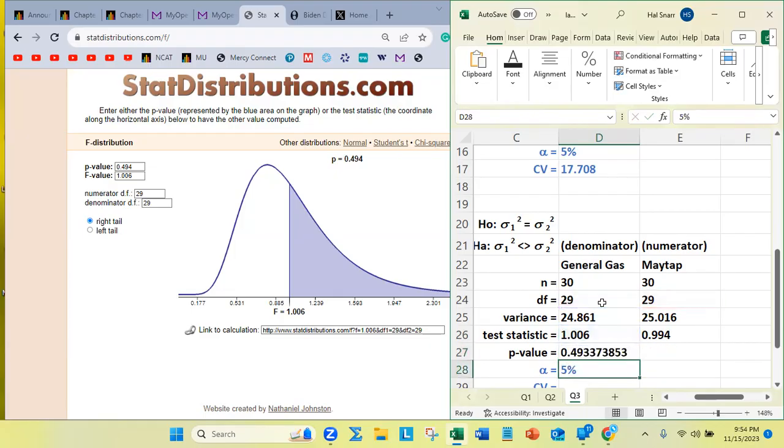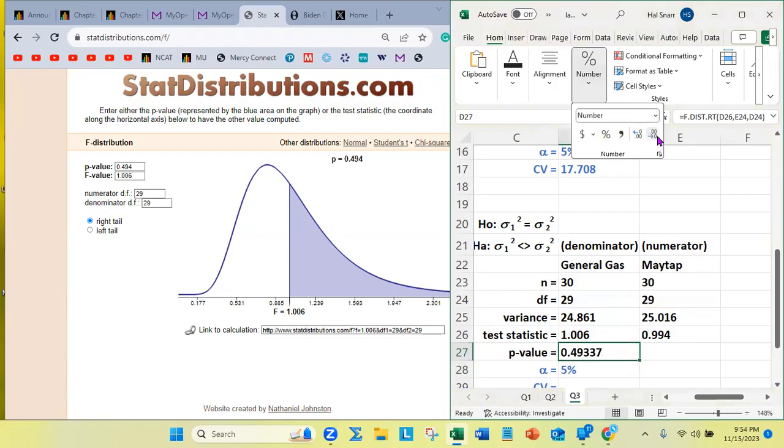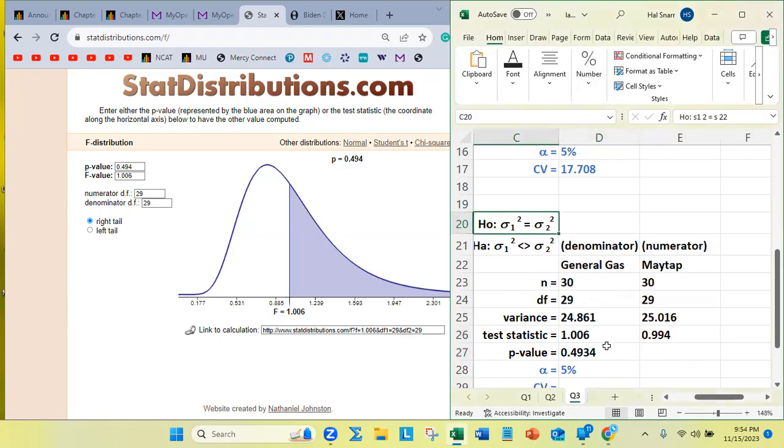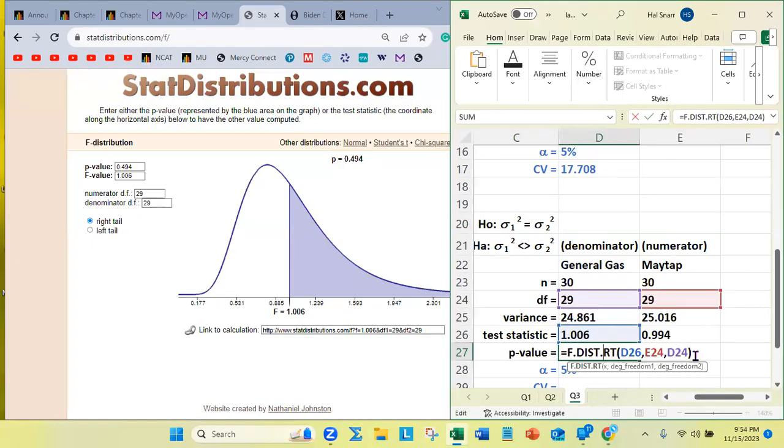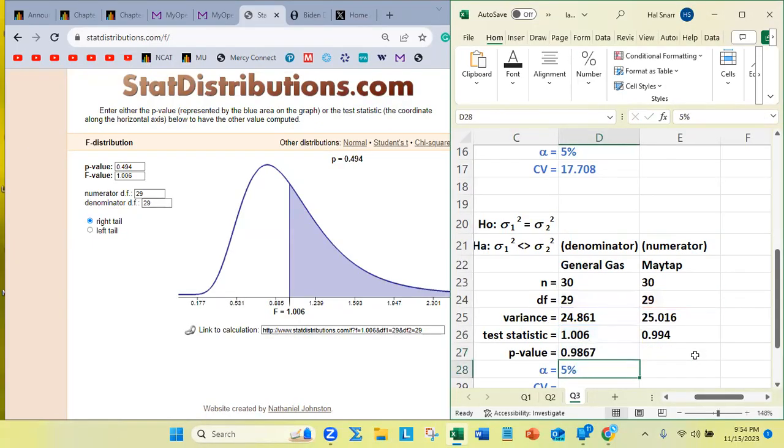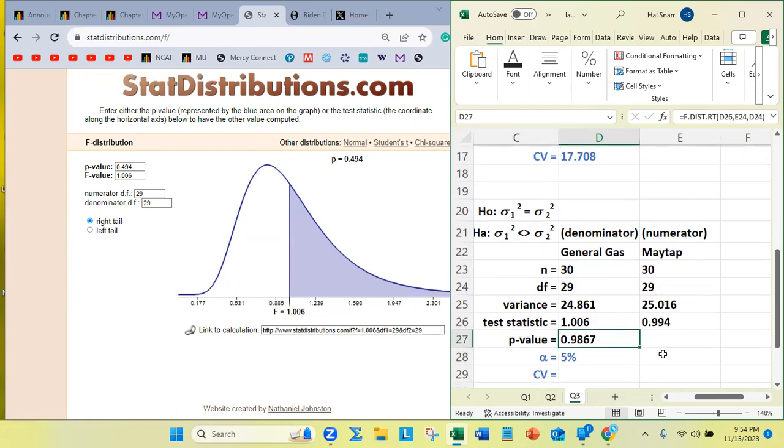And then we hit enter, and we get 0.4934. But again, this is a two-tailed test, so we've got to multiply this by 2, because there's a tail over here too, right? So the p-value is actually 0.9867, right?